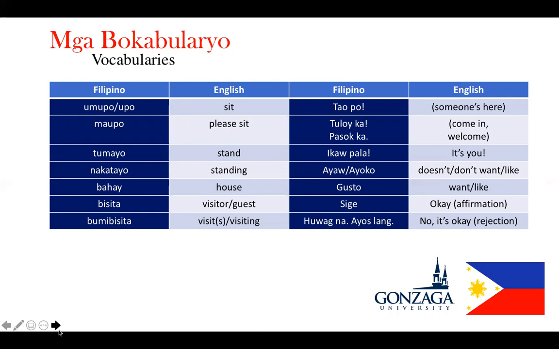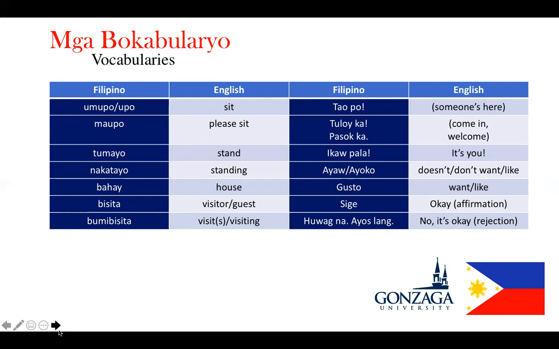That sounds like imperative sentence. Okay, like you're demanding, Aliyah, sit down. But if you say, Aliyah, umupo ka, Aliyah, take a seat or sit down. Okay? Maupo, please sit. Okay, the ma here is actually a prefix that can be equivalent to please. Okay, maupo. Maupo ka, please sit.